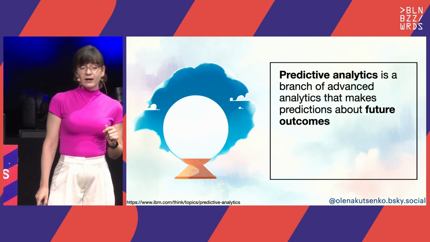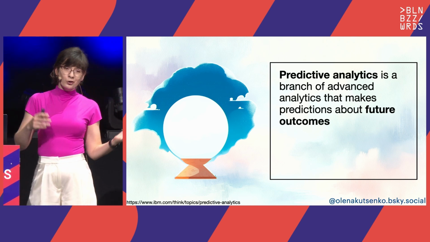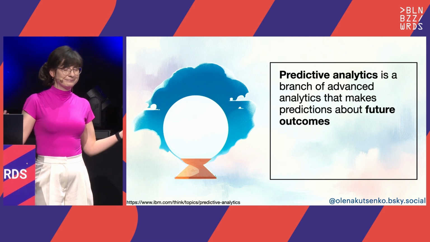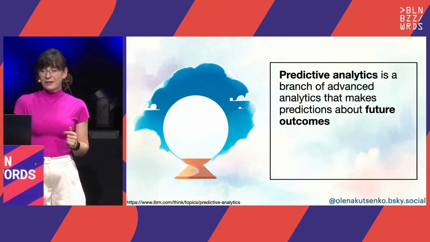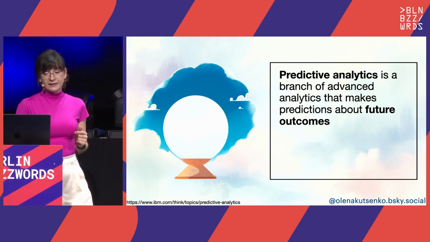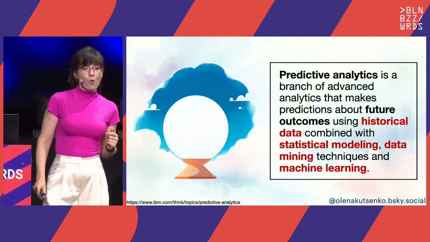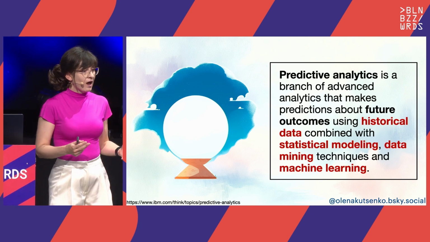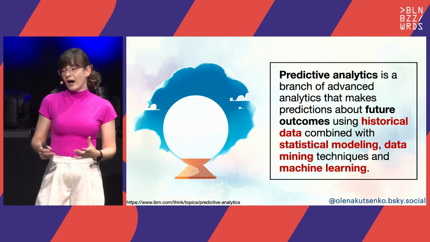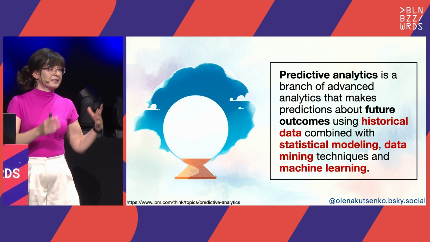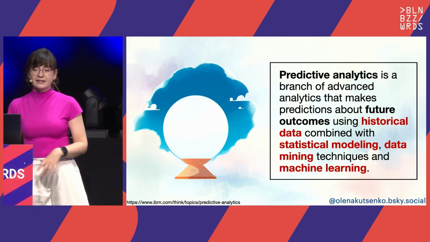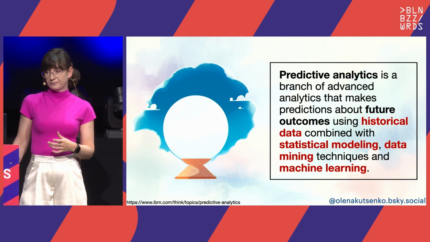Then for finding the anomalies, we are not really using a crystal ball. Not yet, but we are using what we call predictive analytics, and it relies on the historical data which we have, and it is used together with statistical modeling, data mining techniques, and machine learning.